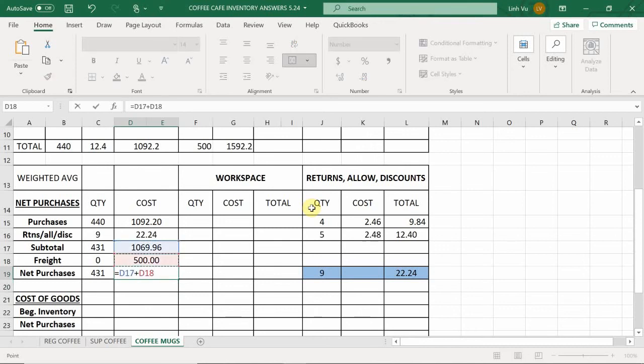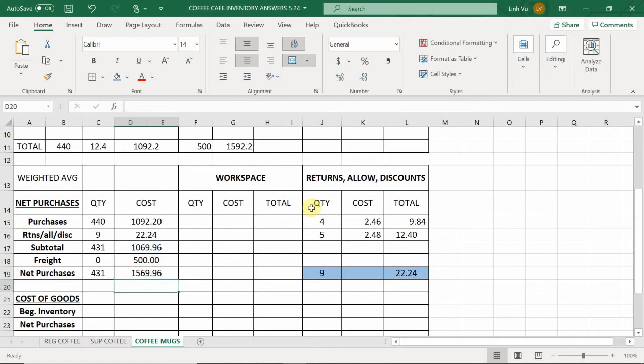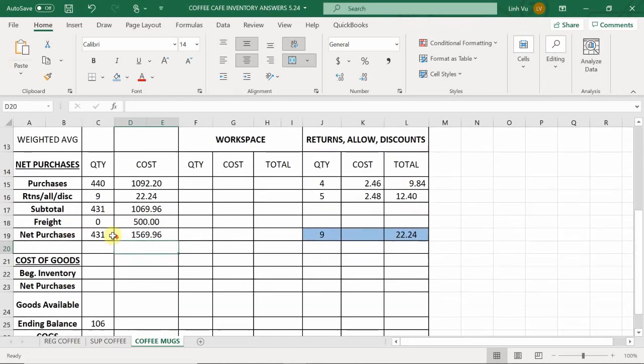It's the freight. I was supposed to subtract the freight. No, you're supposed to add the freight. You don't need to add 22.24. You already subtracted that out. Yeah, so that's 1,569.96. Good. There we go. Okay. So that's your total net purchases.